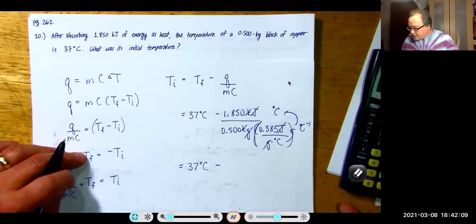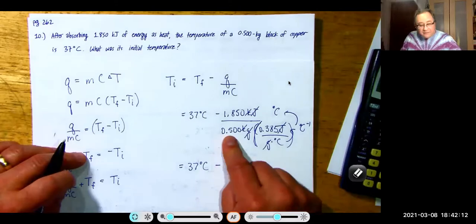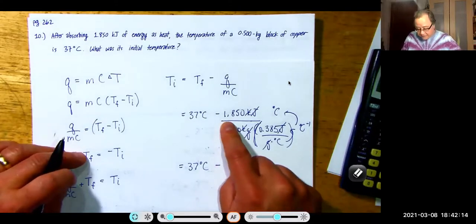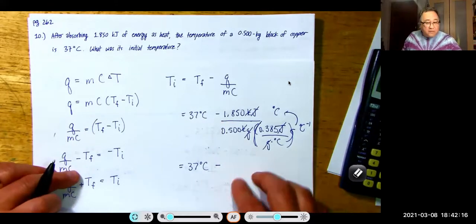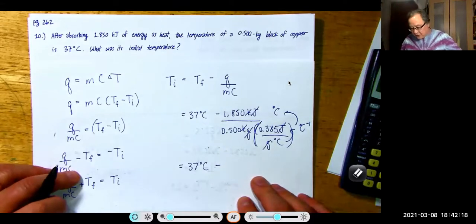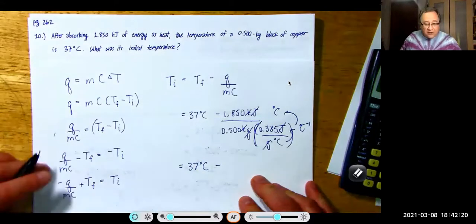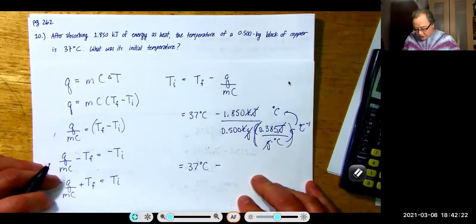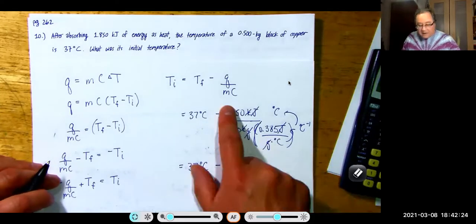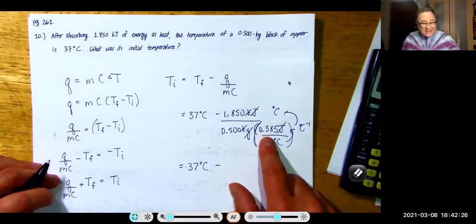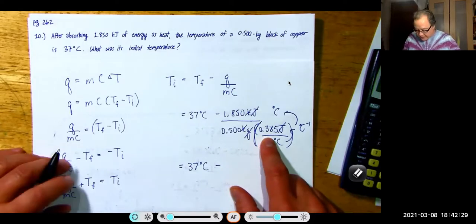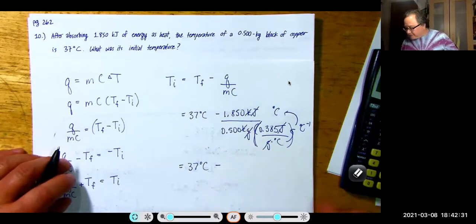And just a real quick estimate, 0.5 will go into 1.85 between 3 and 4 times. So let's call it closer to 4. And we'll just say it goes in 4 times. 4 divided by 0.385 is about 10. So this answer here should be about 10.